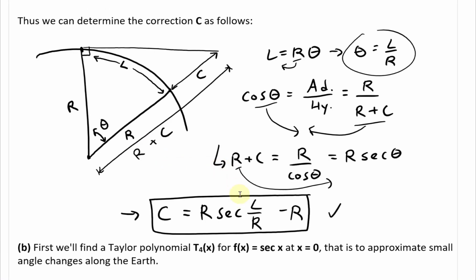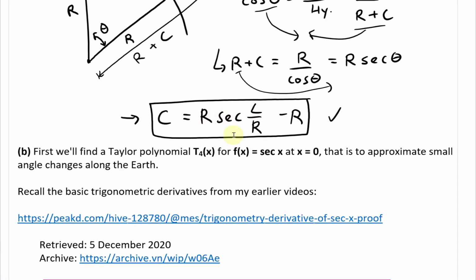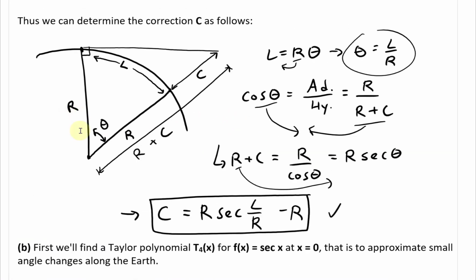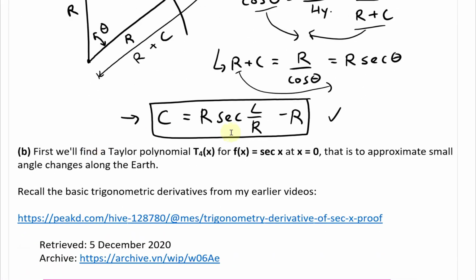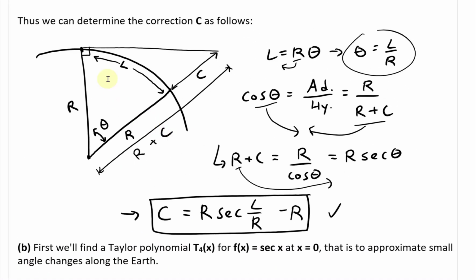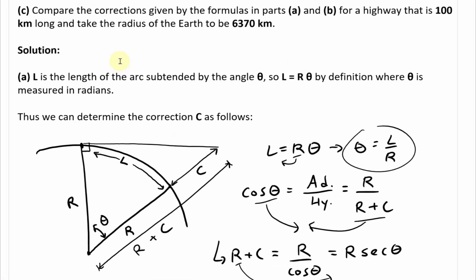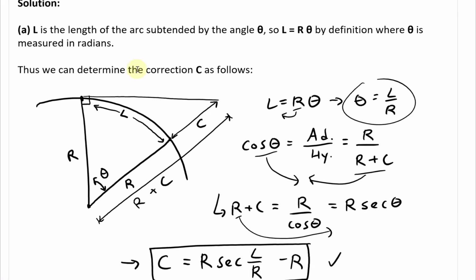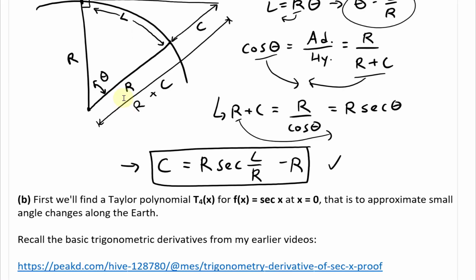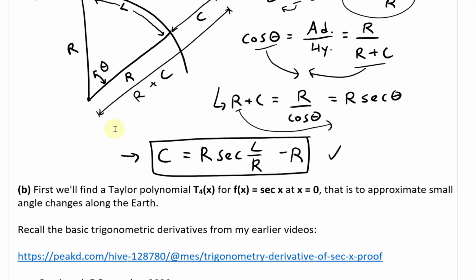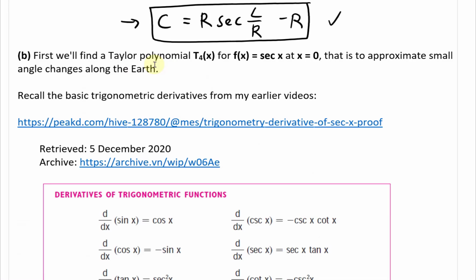We're going to approximate this secant theta, because that's the one we have to get rid of, and make that into a Taylor polynomial, and then we're going to assume small angles, starting at theta equals 0. Remember this r is 6,000, and nobody's making a highway that is several thousand miles in one straight line. So it's going to be relatively small angles, and that's why we're doing the Maclaurin series.